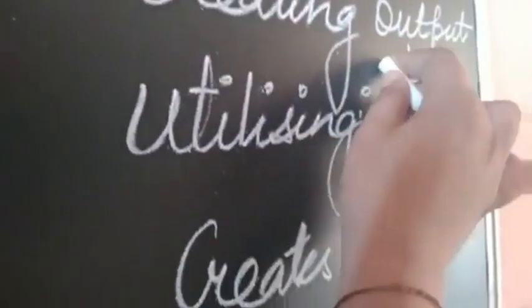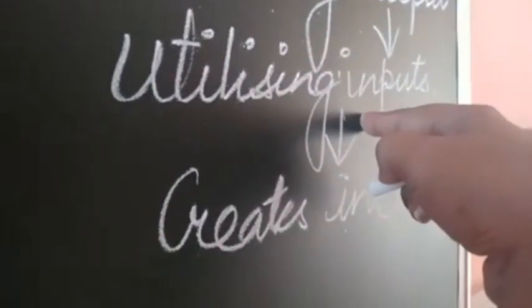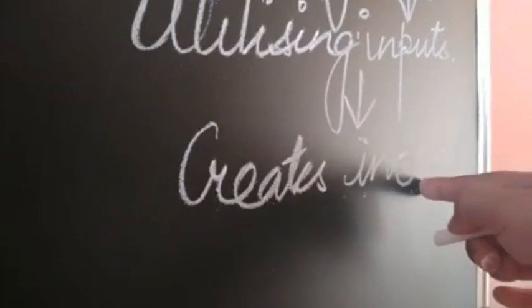Firstly, creating output, utilizing input. First we will utilize inputs to create output, then your income cycle will be created. And then your product will be manufactured, then you will derive the product. And then you will sell it to the user.